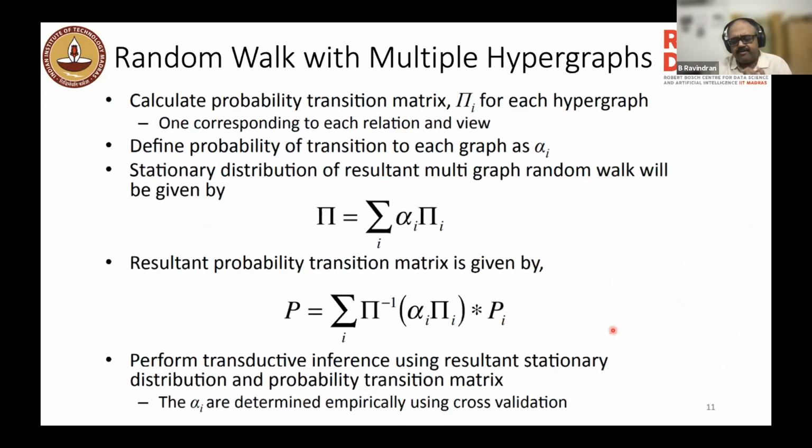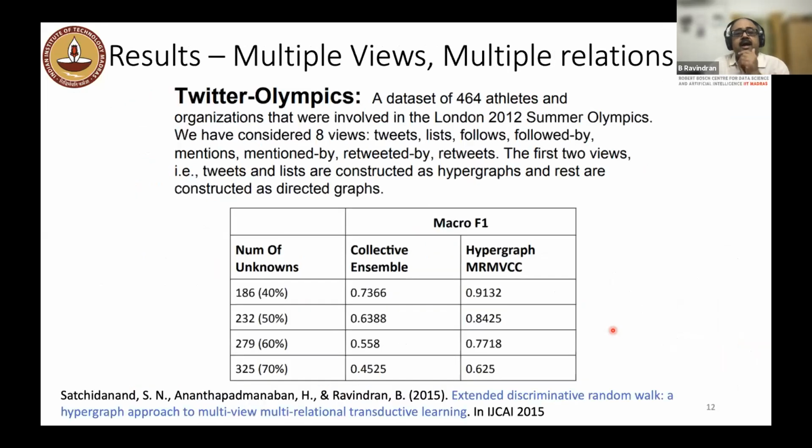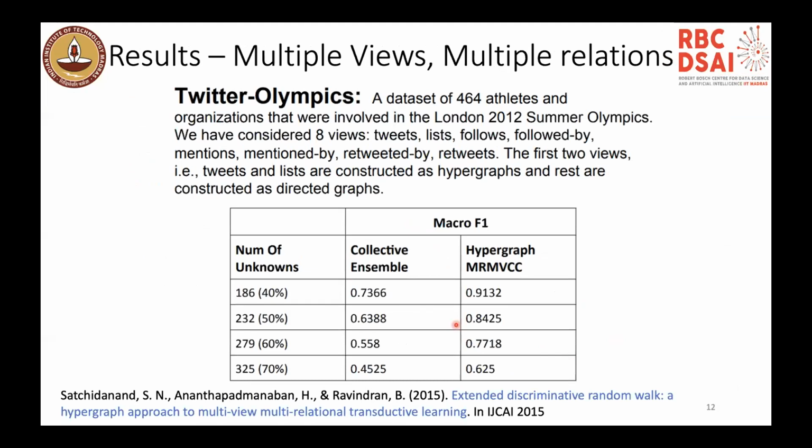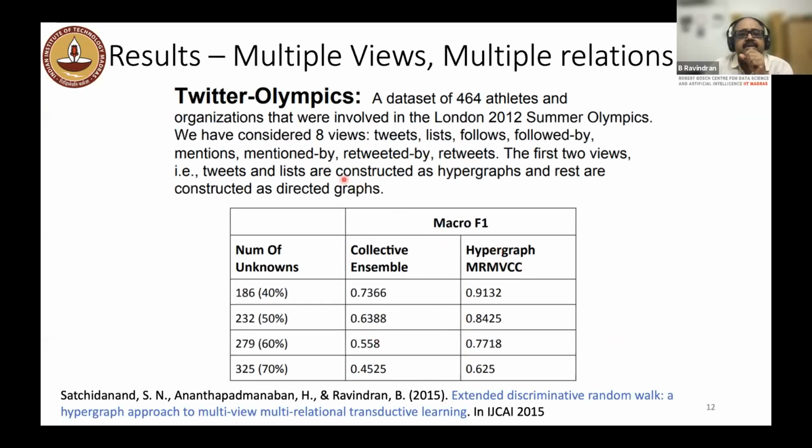Right? In fact, we have explored using heat diffusion models also for doing this kind of inference. But for this particular hypergraph setting, it turns out that using a very simple, slightly modified random walk operator for hypergraphs worked really well. And I'm just going to give you a sample result. So we ran this on a dataset gathered from Twitter, right?